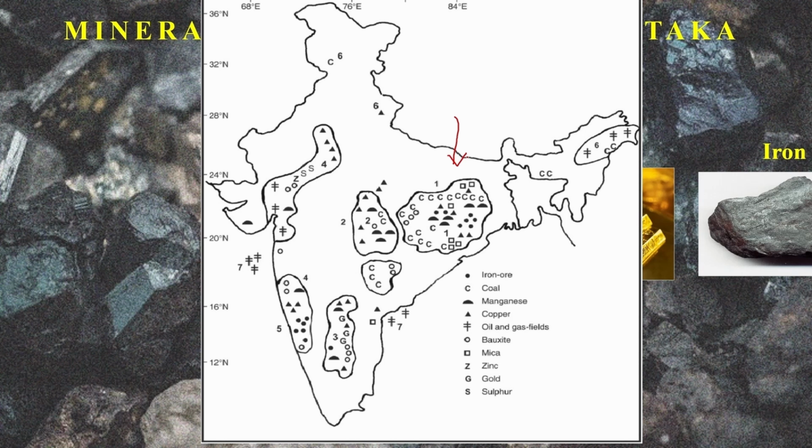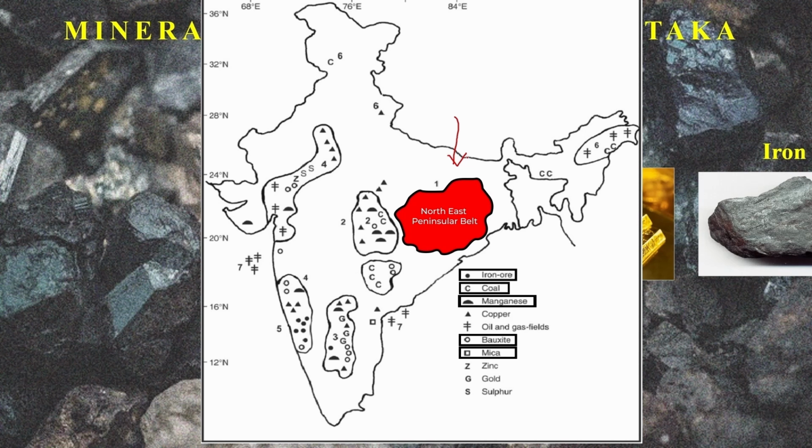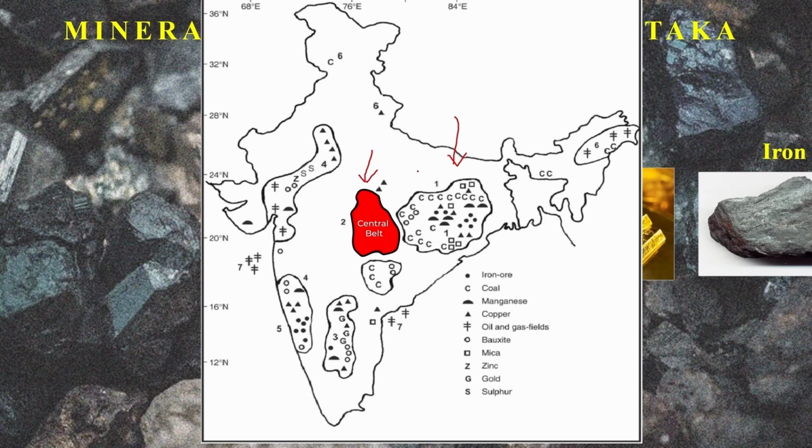Which are the minerals that can be found here? We see that coal, manganese, iron, bauxite, and mica are prominent minerals found in the first region, that is the Northeast Peninsula Belt. Next, we have the second one, that is the Central Belt. Which are the minerals that we find here?